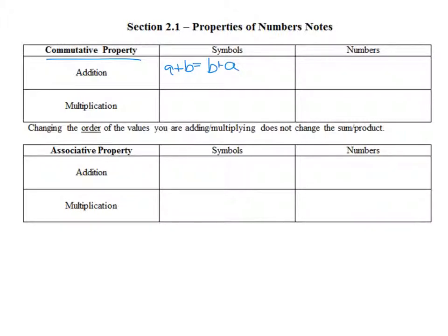For example, 5 plus 3 is still going to be equal to 3 plus 5. That's called the commutative property when you change the order.